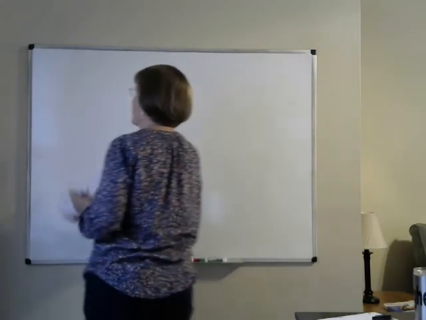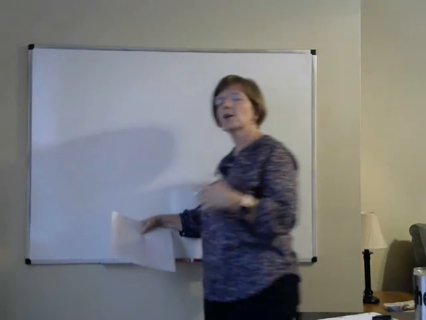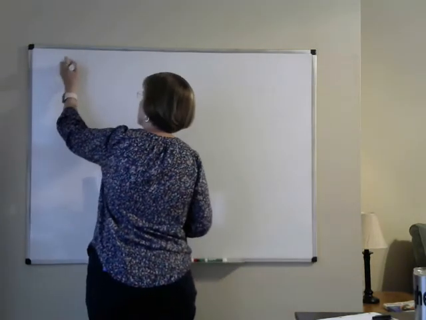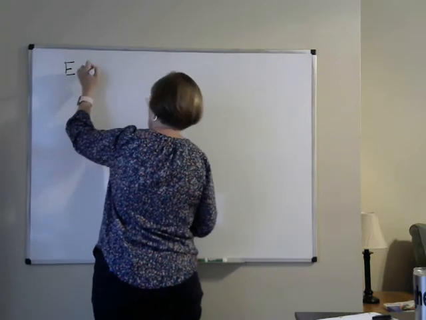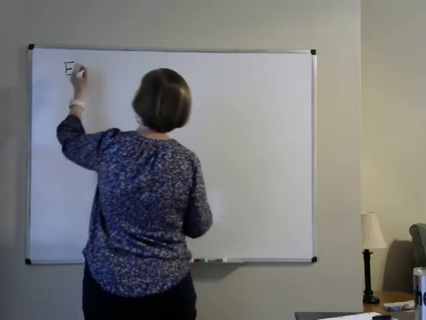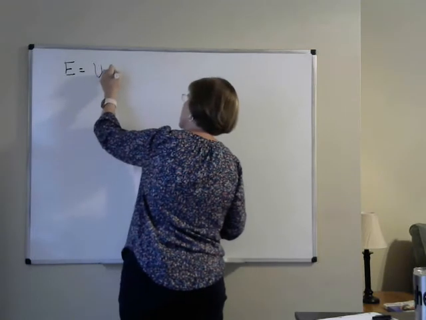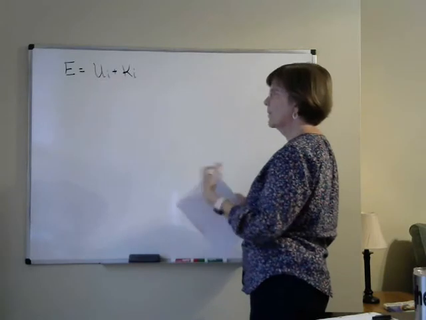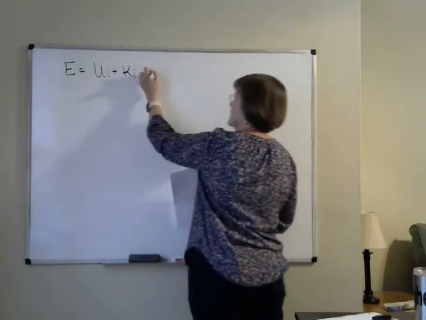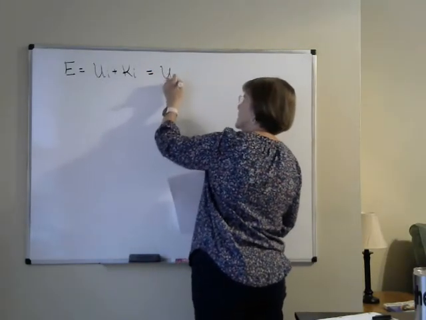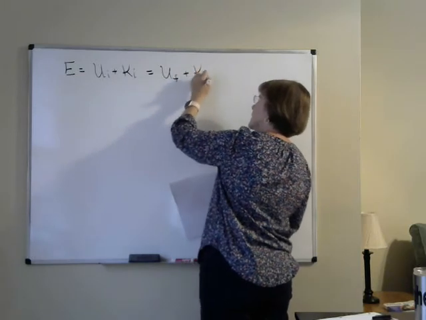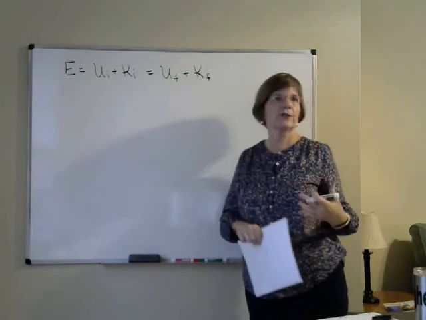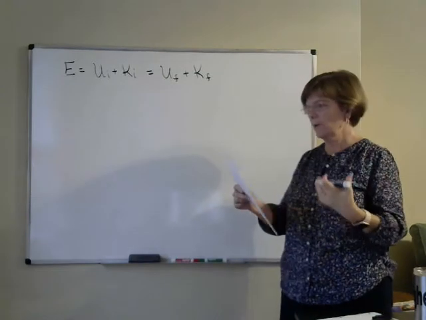So if we have conservation of energy, it means the total mechanical energy, which we call E, is a constant, and it is equal to the sum of the kinetic plus the potential. I wrote potential plus kinetic at the beginning of the problem, and that sum stays constant throughout. I used initial and final, but we could have just as easily used 1 and 2. It doesn't have to be at any particular point.